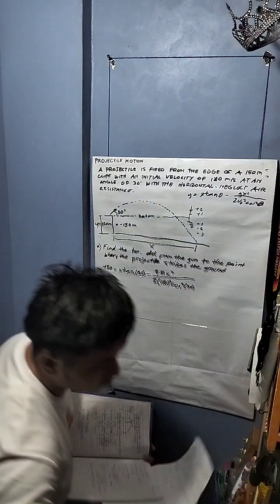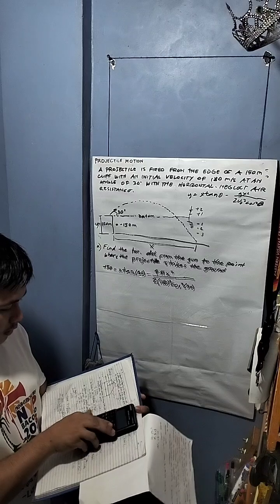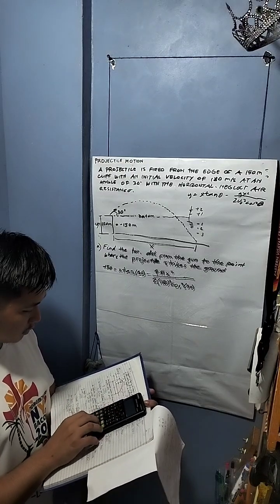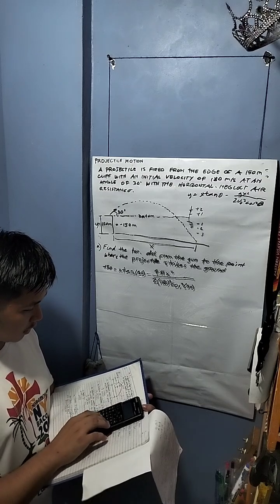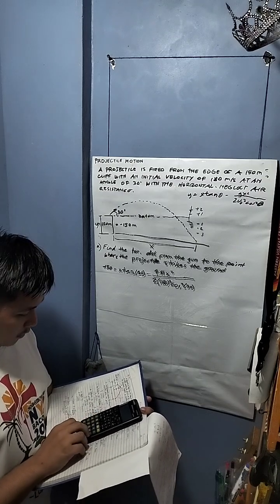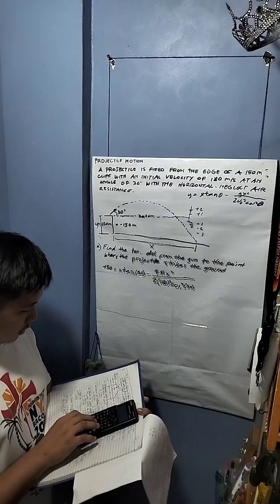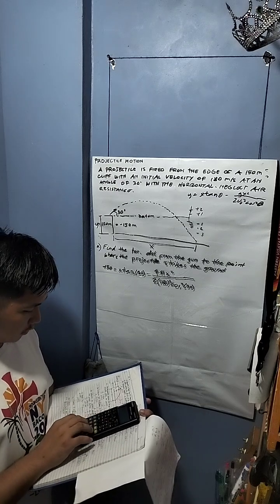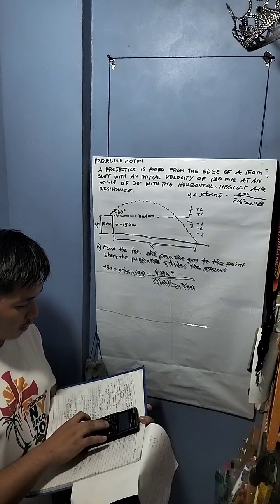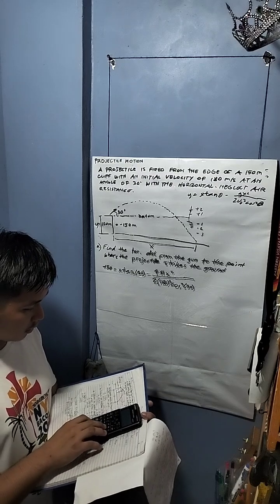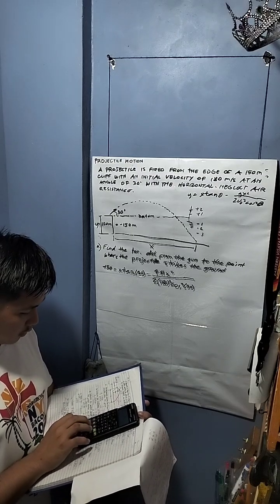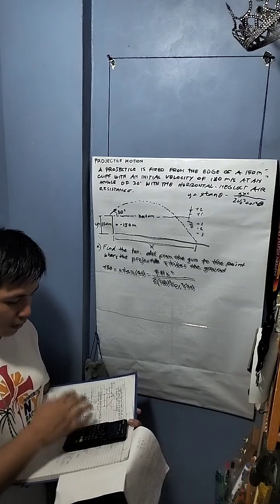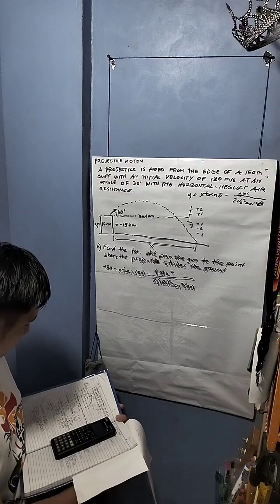So if we calculate this, negative 150 equals x tangent of 30 minus 9.81 x squared over 2 times 180 squared cosine 30 squared, then we should get the value of x.